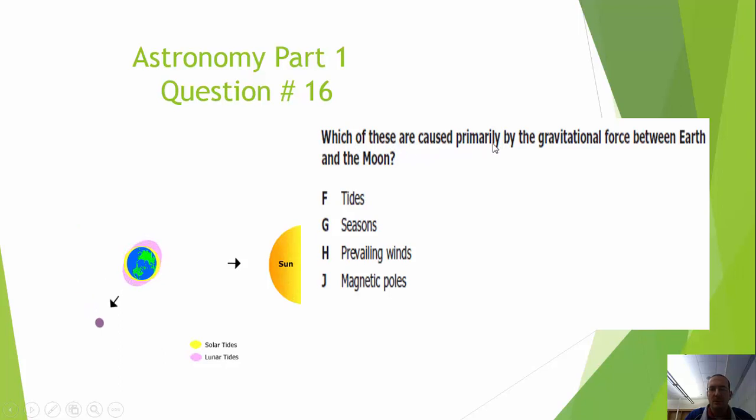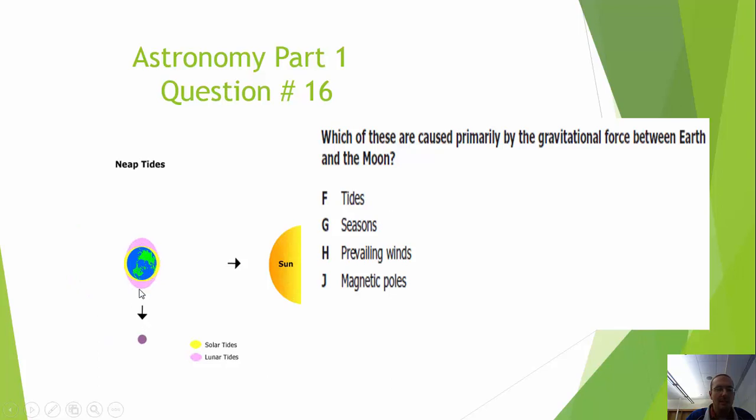Which of these are caused primarily by the gravitational force between the Earth and the Moon? Is it tides? Let's look over here and see. We've got our light pink, if you will, light purple. As the Moon is revolving around the Earth, we are able to see that this is starting to fluctuate.